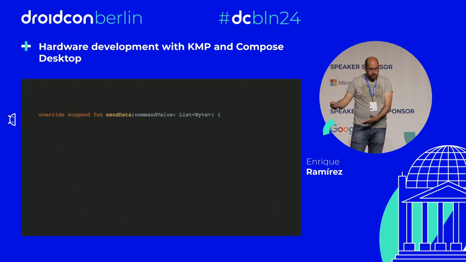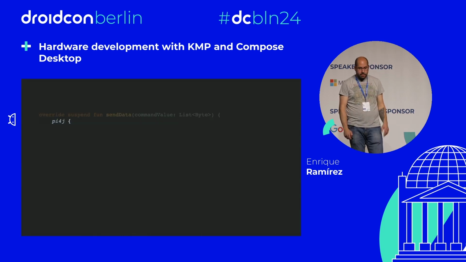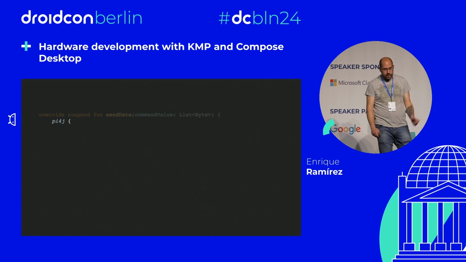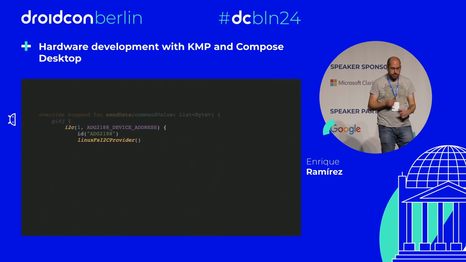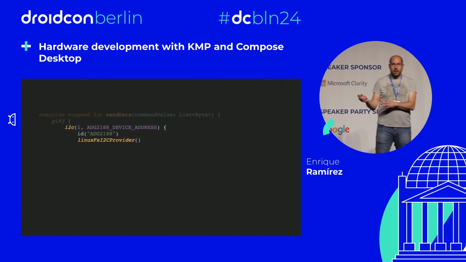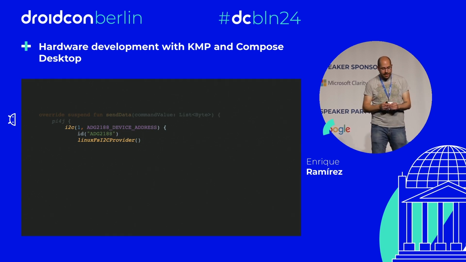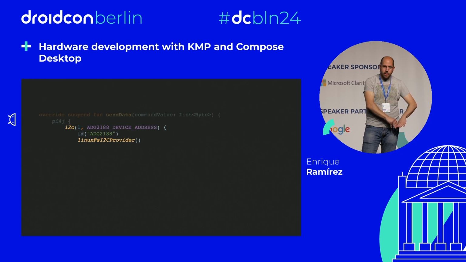And how does it look to do this with this library? Very easy. We have a list of commands. We start the library like this. We configure our device. We say our device address that we have mentioned before. We add an ID, but that's optional, and then we use providers. This library is very flexible because it gives you the opportunity to use different providers. This means how the access to the ports works below, at a low level.